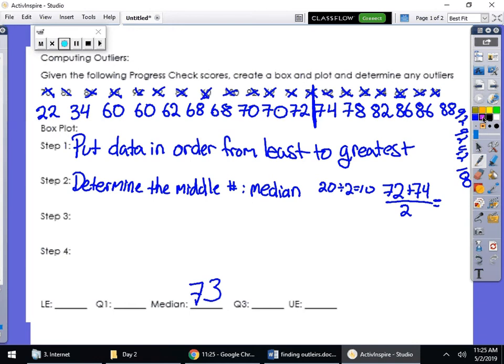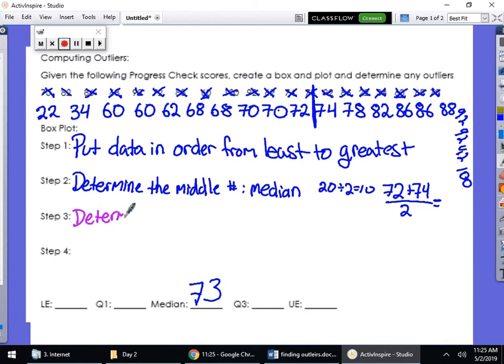Step 3, so we put our data in order. We found the middle value, which is in between 72 and 74. We determine the upper and lower quartiles.